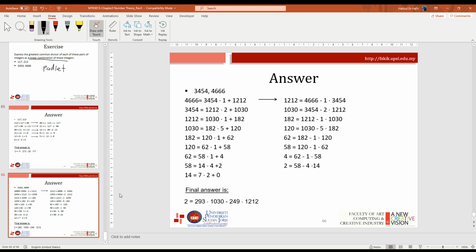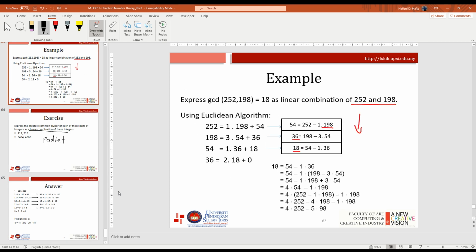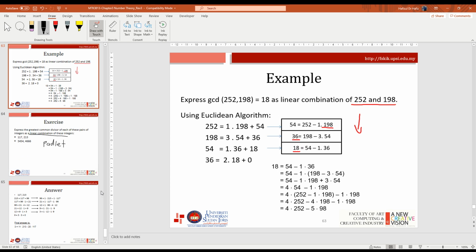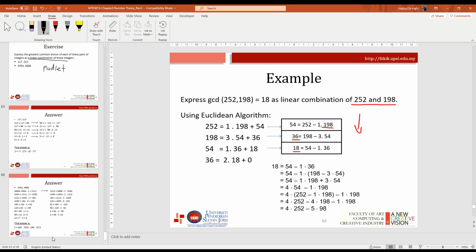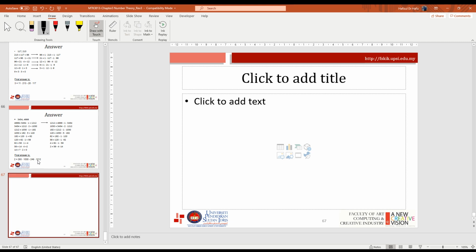This one is the answer. For Bezout's identity, let me explain it to you.